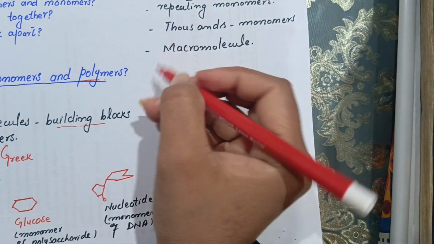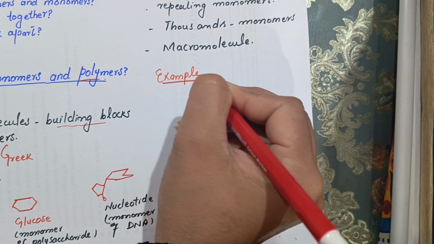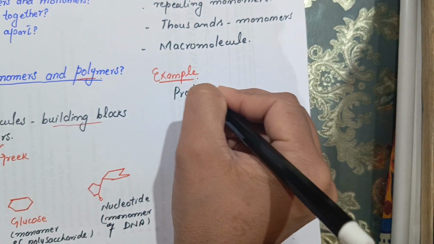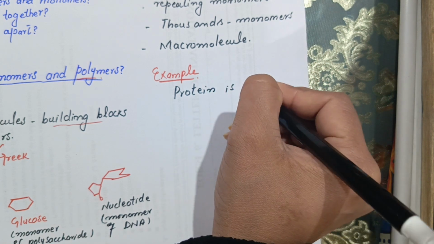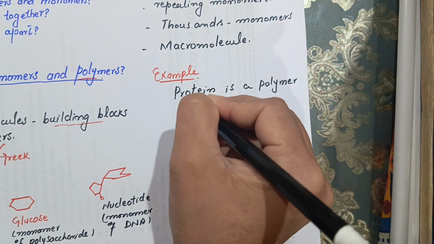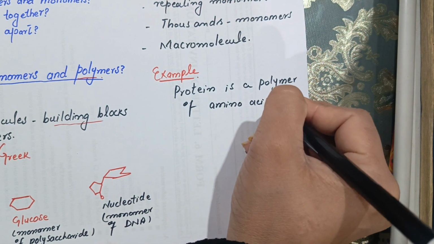For example, protein is a polymer of amino acids. How?